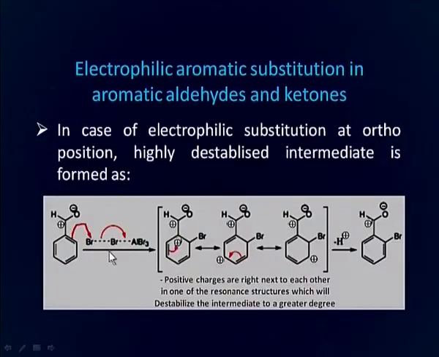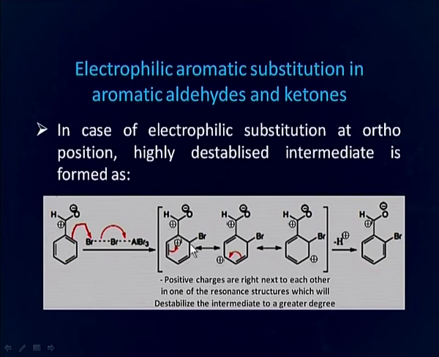Here you can see that benzaldehyde is reacting with bromine in the presence of aluminum bromide. These conditions are for bromination, and the mechanism here is electrophilic substitution. Now, bromine as Br plus attaches itself at the ortho position.